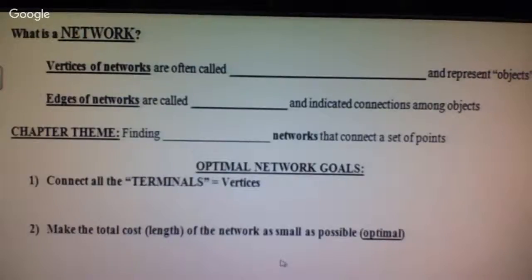So the first thing we need to do is talk about what a network is. Your vertices are now going to be called terminals, and your edges are now going to be called links. Okay, so nothing's really changed right now.